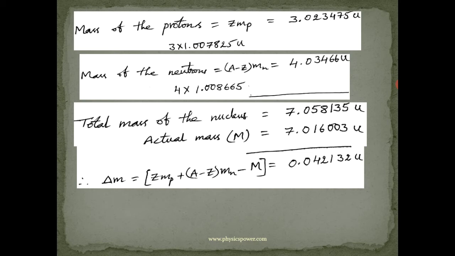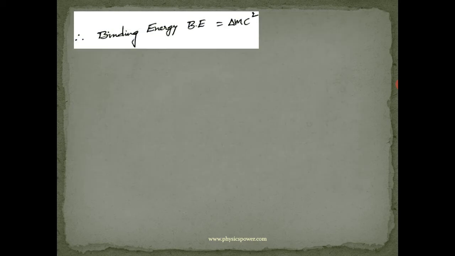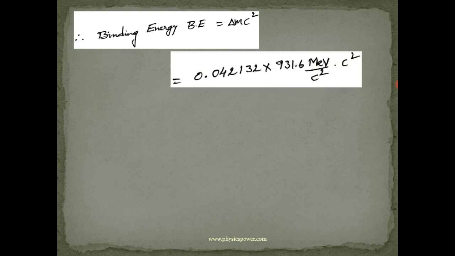Then binding energy is nothing but delta M into C square. So substitute delta M here. The delta M you got is in AMU, but you can convert it into energy units, that is MeV, by multiplying with 931.6. So here the mass defect 0.042132 that I calculated is in AMU.